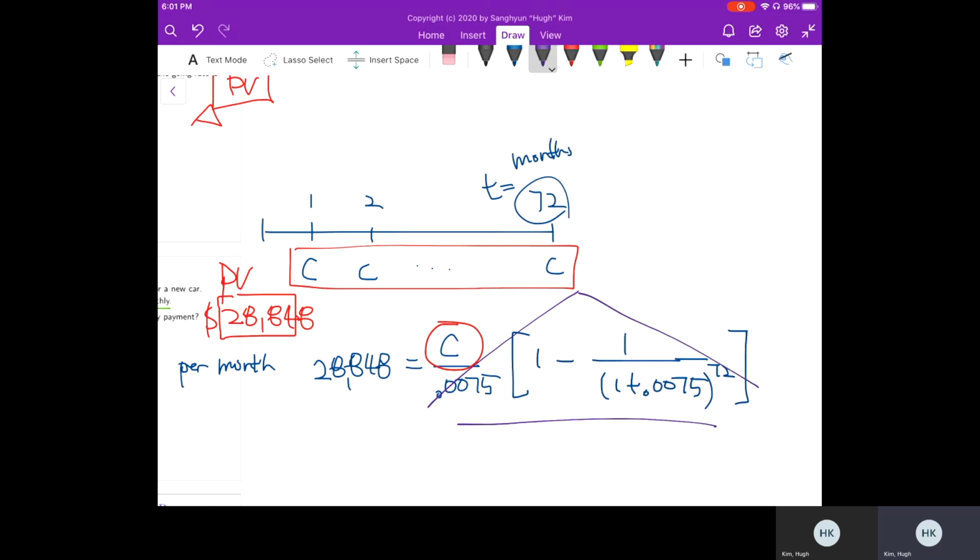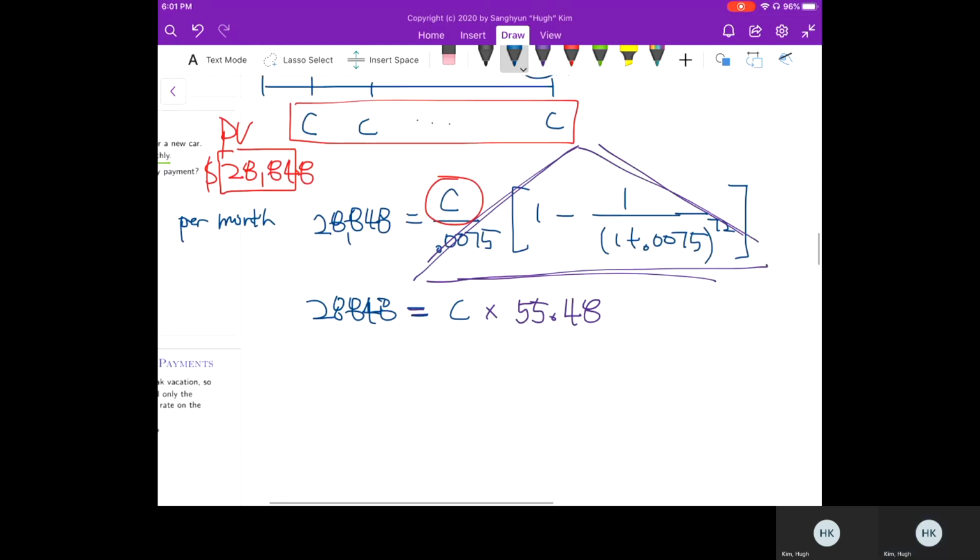This factor is 55.48. So 28,848 is equal to C times 55.48.